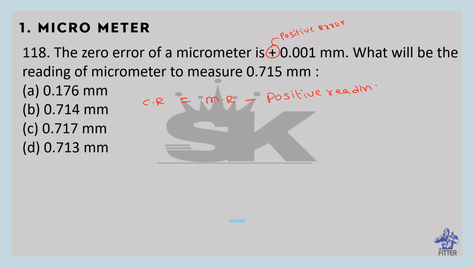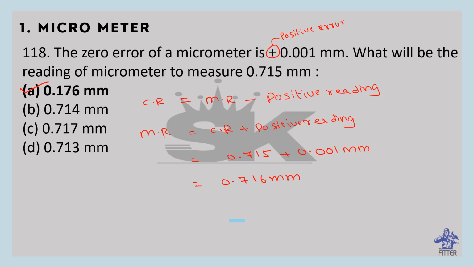Here he asks for the micrometer reading, so micrometer reading equals correct reading plus positive error. The correct reading is 0.715 plus 0.001 mm, so the answer is 0.716 mm. So option A.